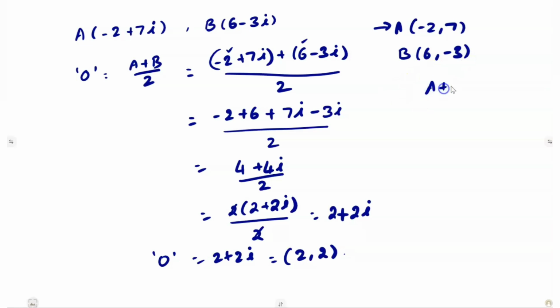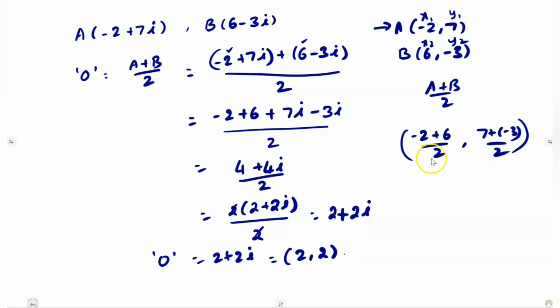A plus B by 2 means add x1 and x2, y1 and y2. So to find the coordinates of center O, we have x1 plus x2 by 2, so -2 plus 6 by 2, and the other coordinate 7 plus minus 3 by 2.